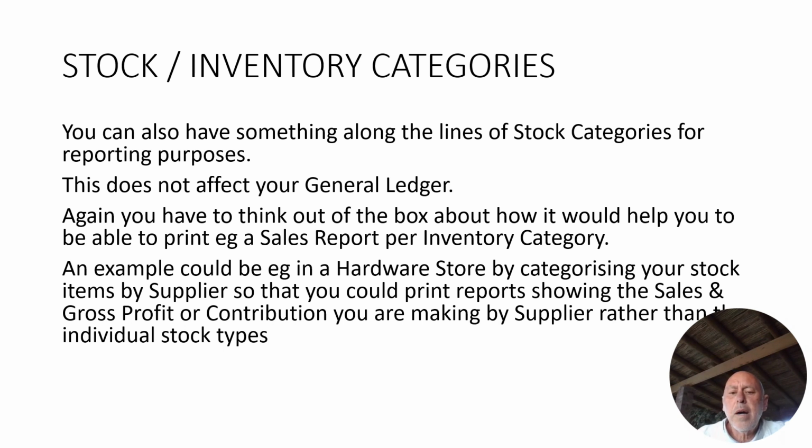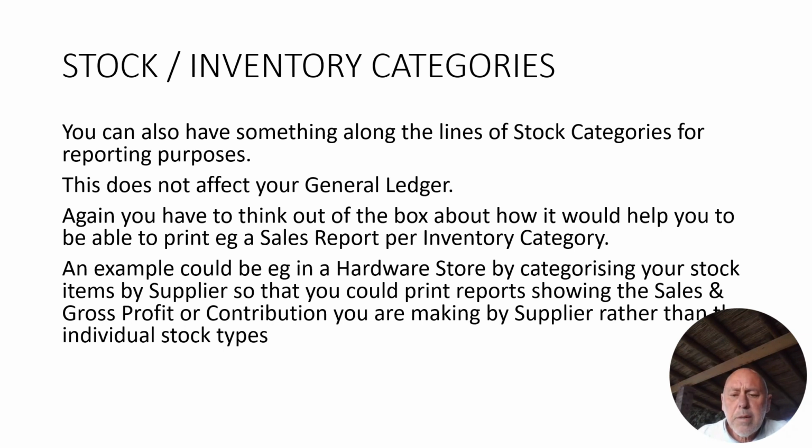And say in your own business, how would it help you? I'm just again giving an example in the hardware store, that the categories that you could use, for instance, is you make each supplier an inventory category. And so you could print your sales with the gross profit by supplier rather than the actual stock items. Just giving you a different way of looking at the same thing.